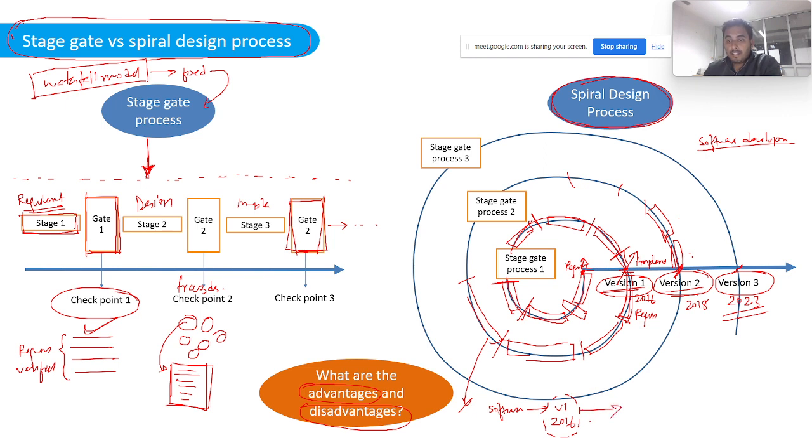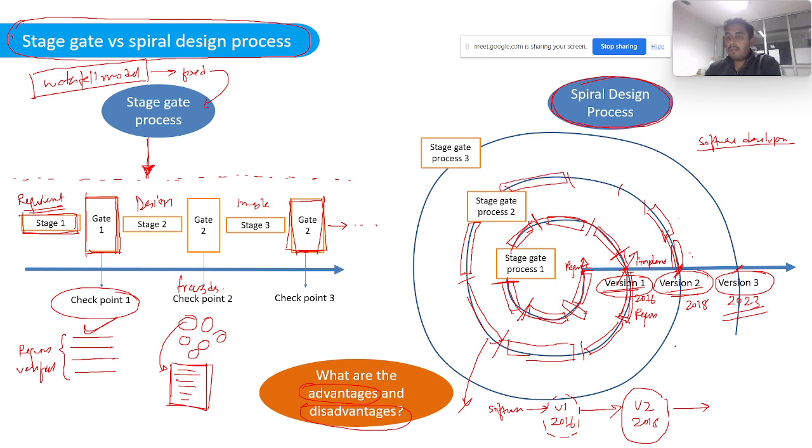Again the software gets improved, with better features and functionalities, and you have version 2 in 2018. This way of development is very useful for software development because, in terms of resources, a company can sustain with the same sort of resources.